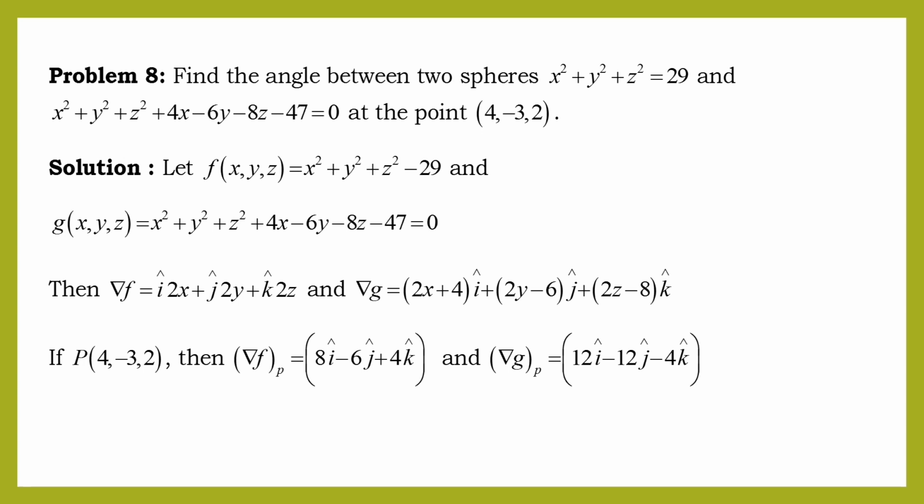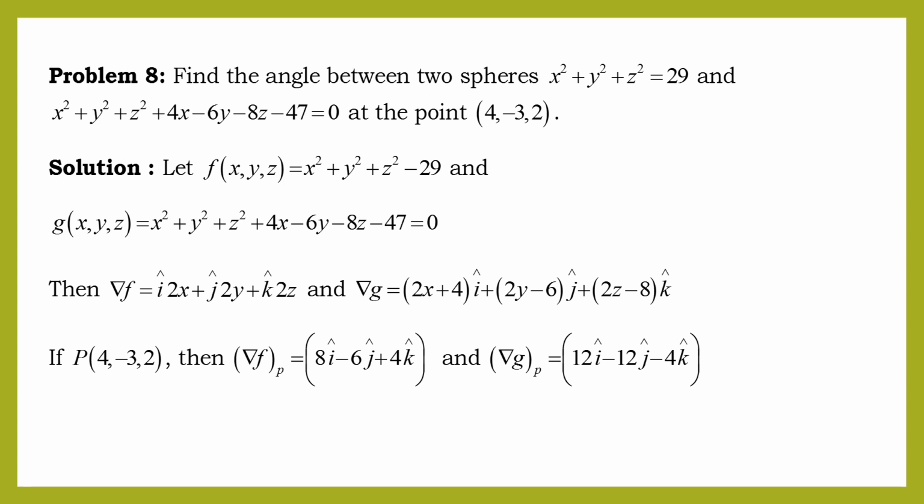The surfaces are the spheres x square plus y square plus z square equals 29 and x square plus y square plus z square plus 4x minus 6y minus 8z minus 47 is equal to 0. The given point is 4, minus 3, 2. So let us find out the angle between these two spheres at the given point.